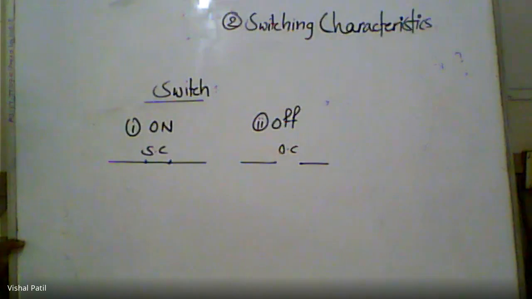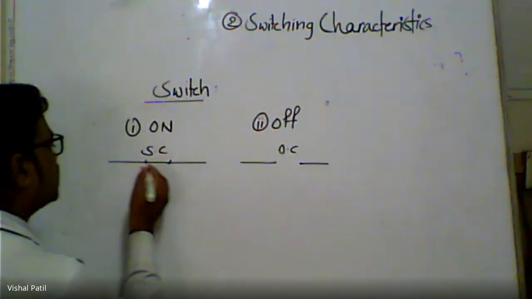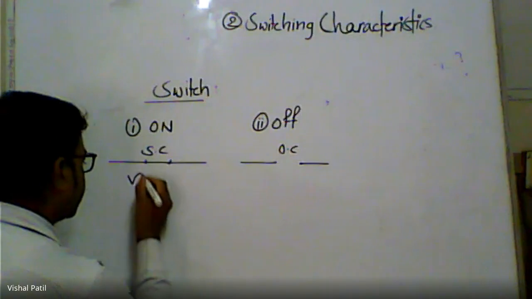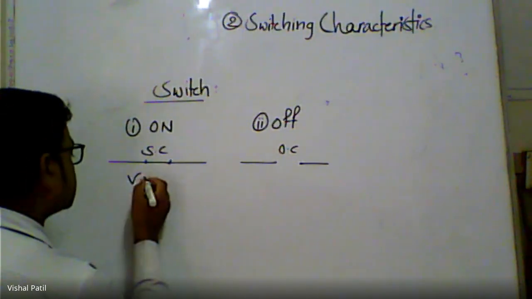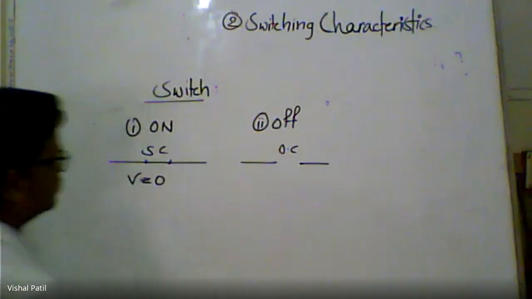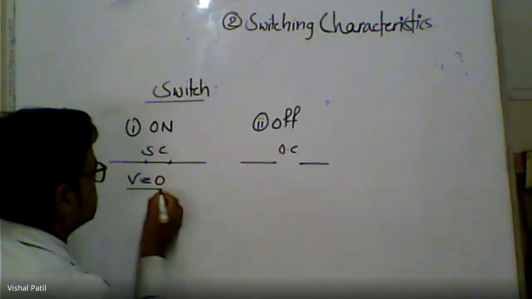Now, when we say short circuit, the voltage drop across the switch is almost zero, provided the internal loss due to the material of the switch or anything is negligible. In that case, voltage drop is zero.